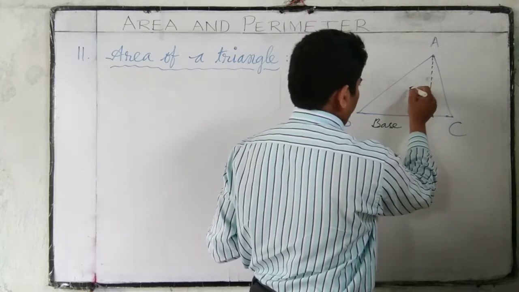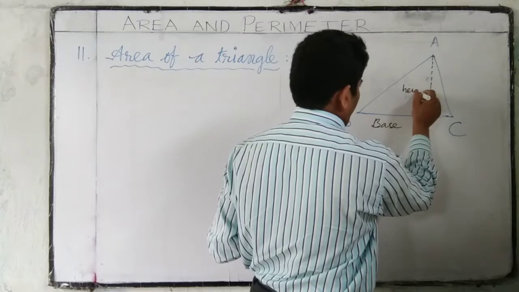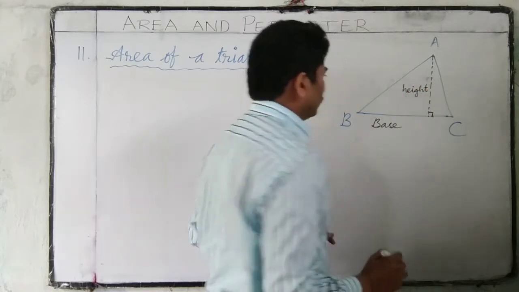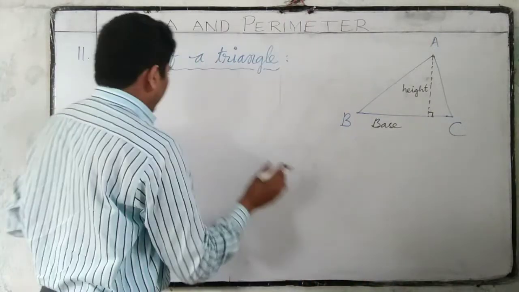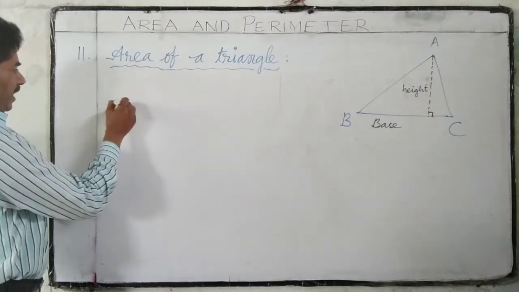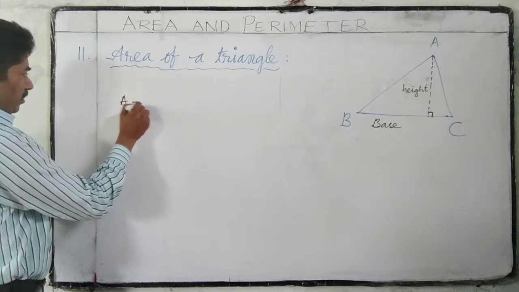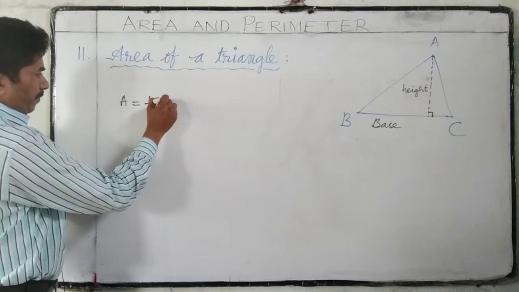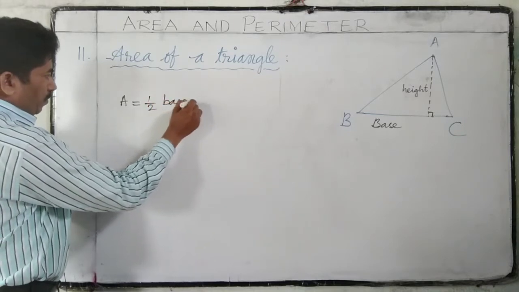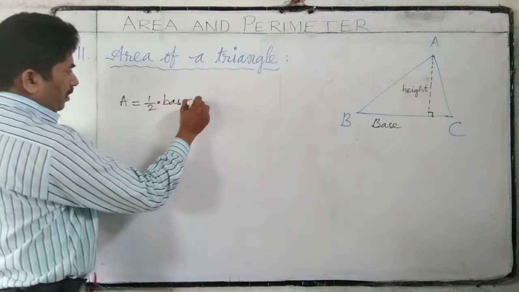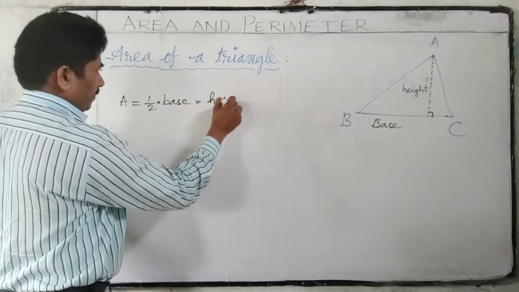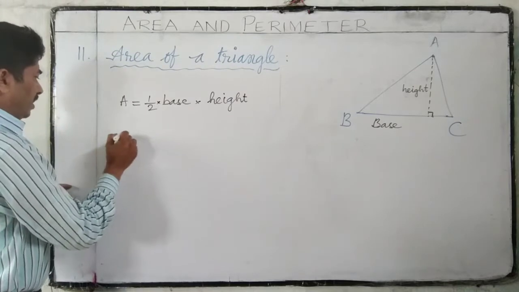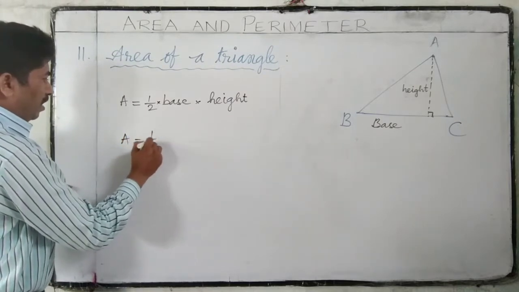This is height. So area of triangle A is equal to half of base into height. In short, A is equal to half BH.